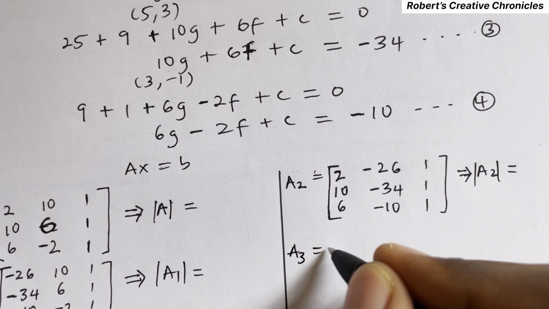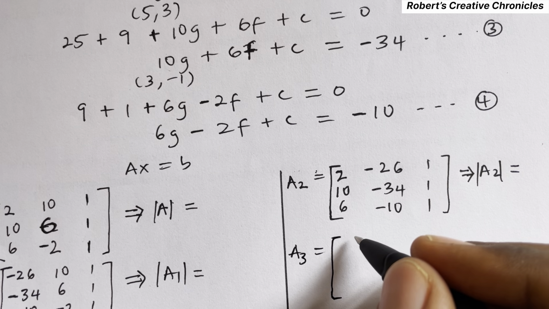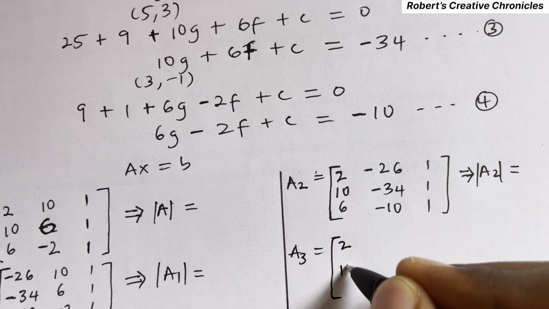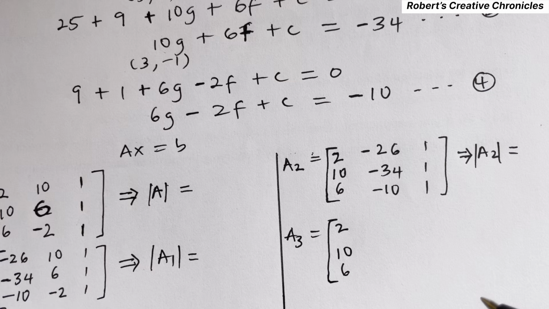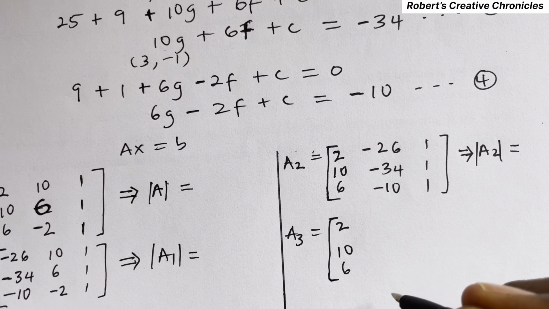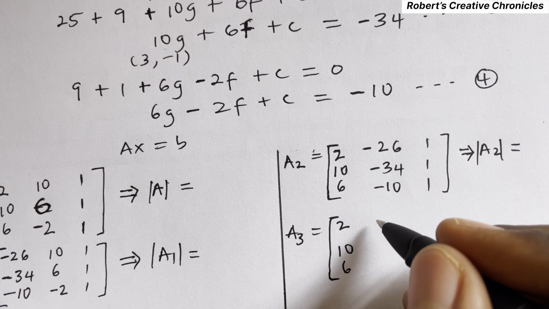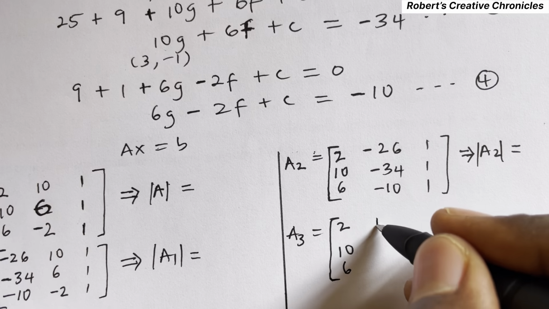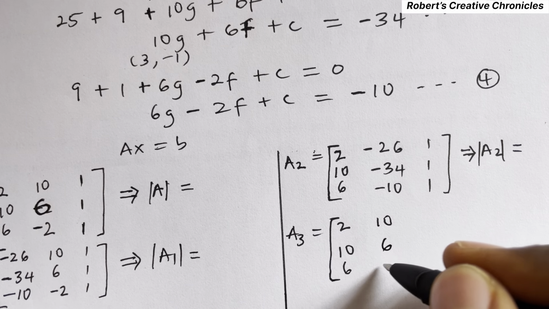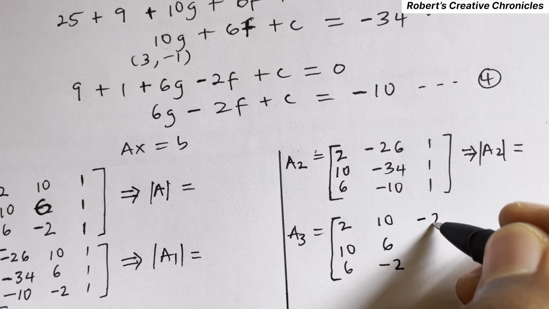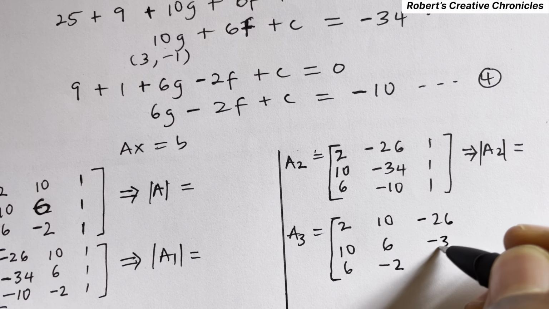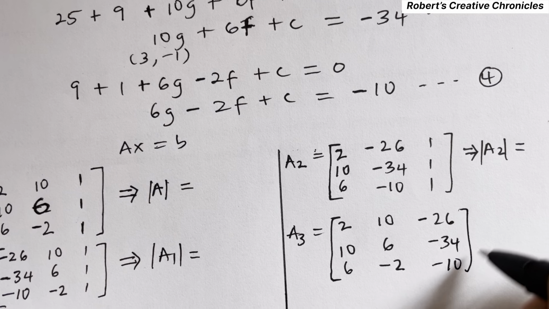Then A3 with 2, 10, 6. Then what? 10, 6, minus 2, then minus 26, minus 34, and minus 10.